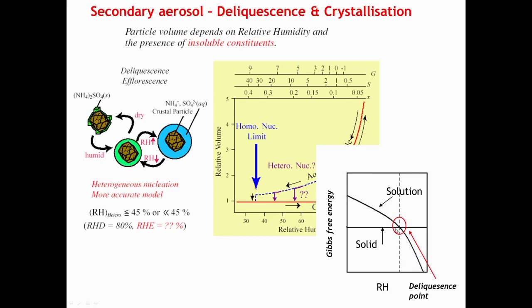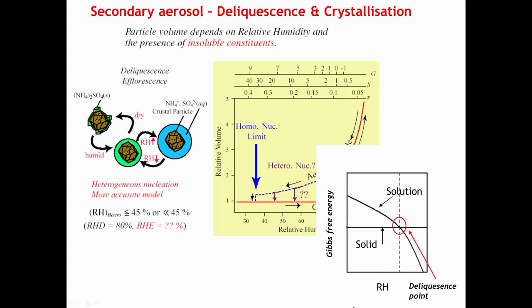The deliquescence point, if you look on a free energy diagram as a function of relative humidity, are you all familiar with the concept of free energy? Free energy in a purely chemical system is determined by the chemical potentials in the system. If you don't understand the chemical potentials and free energy, then go back and revise your chemistry. If not, I can go through some details, but these will come up in the problems a bit later on, and I'll approach this more rigorously later.